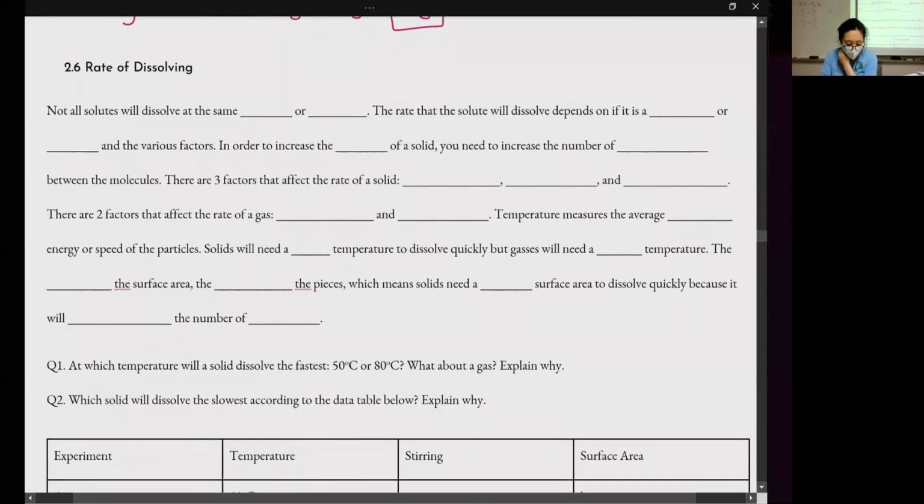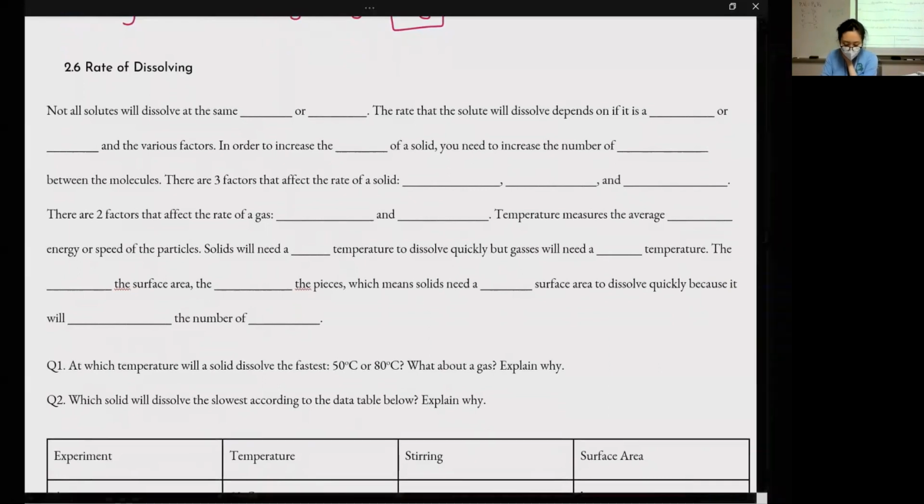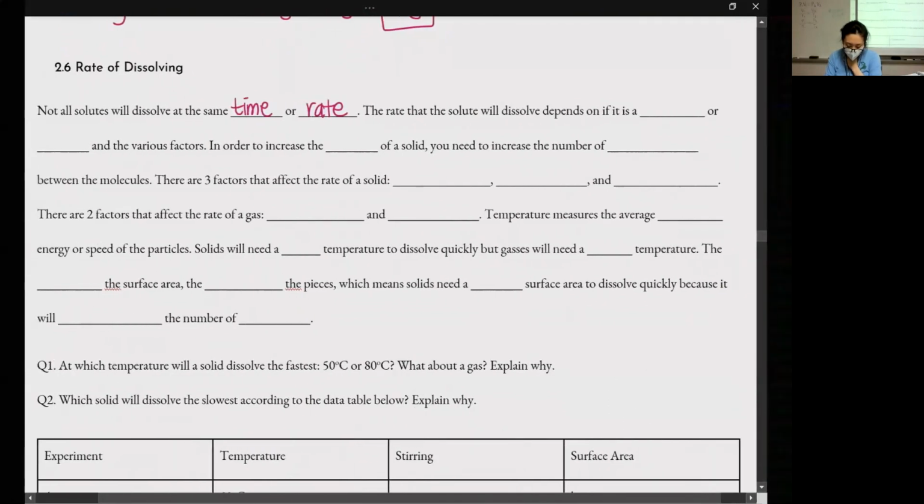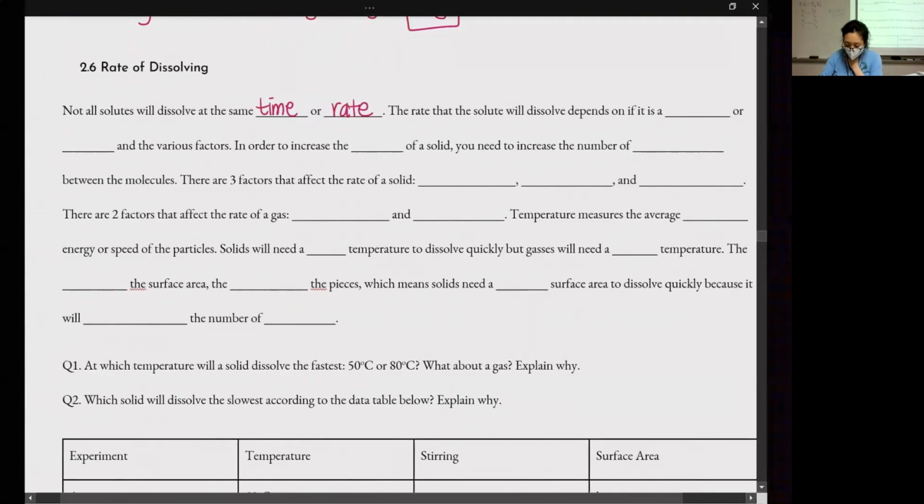Okay, not all solutes will dissolve at the same time or at the same rate. The rate that the solute will dissolve depends on if it is polar or non-polar, but that's the word that we didn't learn.